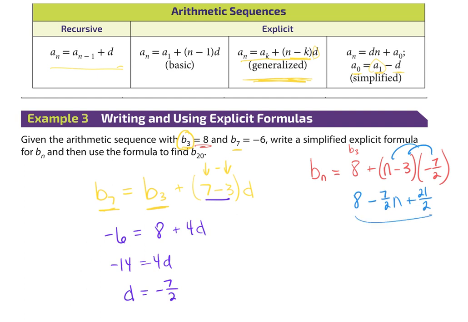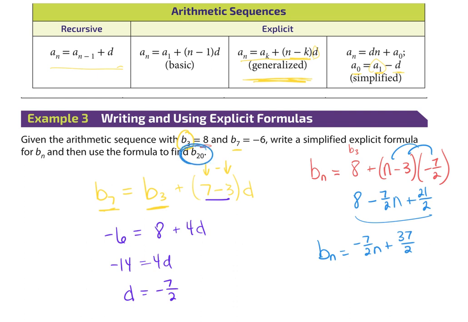You can combine these two. That's 16 and 21. So we have -7 halves n plus 37 halves. And that's what this is going to look like here. Okay? Where I started from is going to help me find that explicit formula.